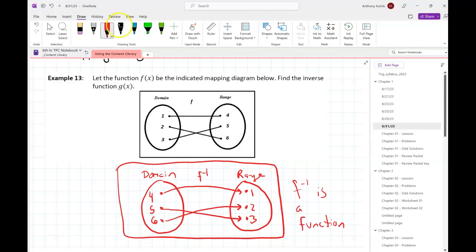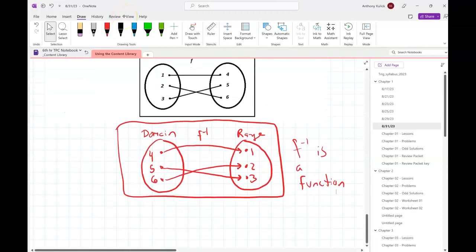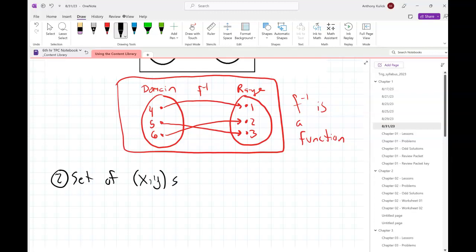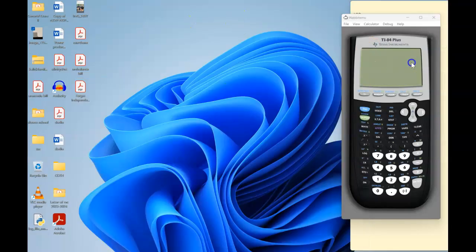Okay. Let's look at a different representation. Let's look at an example where our function is given to us as a set of ordered pairs.